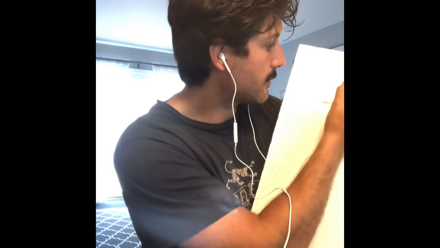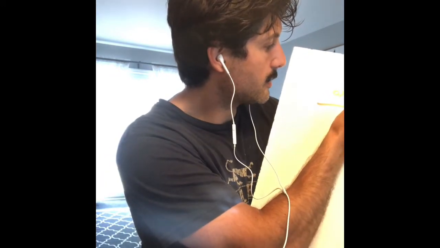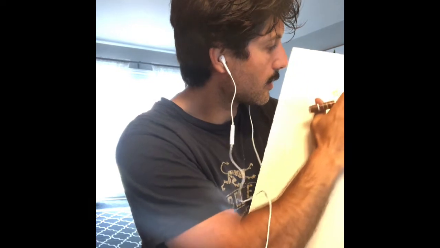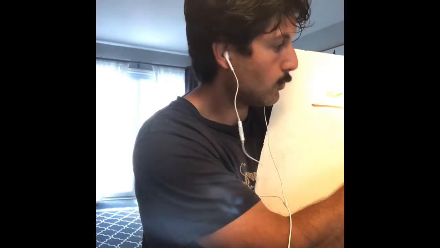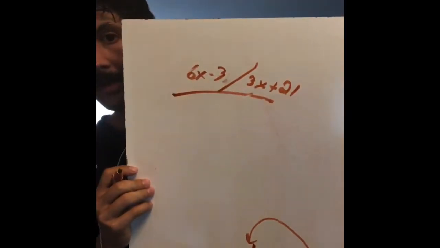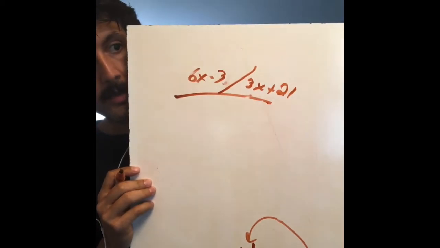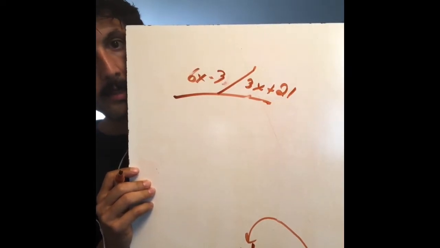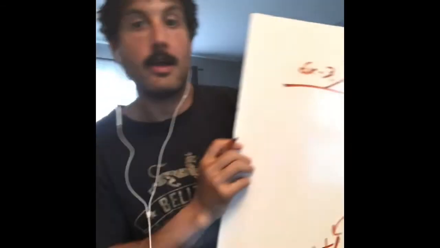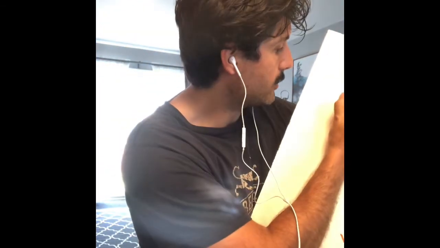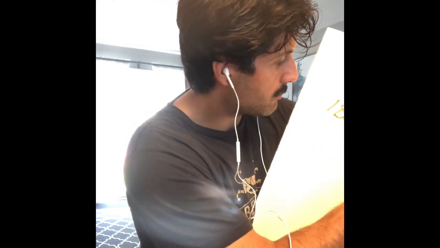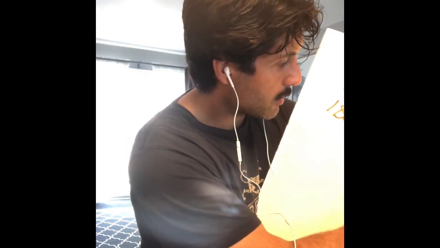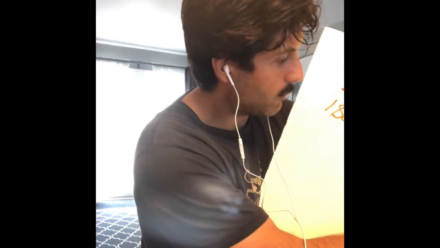So we've got 6x minus 3 and 3x plus 21. So there's my second one. 6x minus 3 and 3x plus 21. And the same process, I know it's 180 degrees, equals 6x minus 3 plus 3x plus 21.